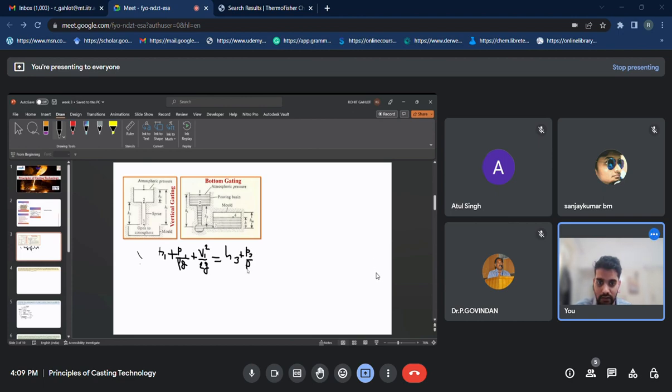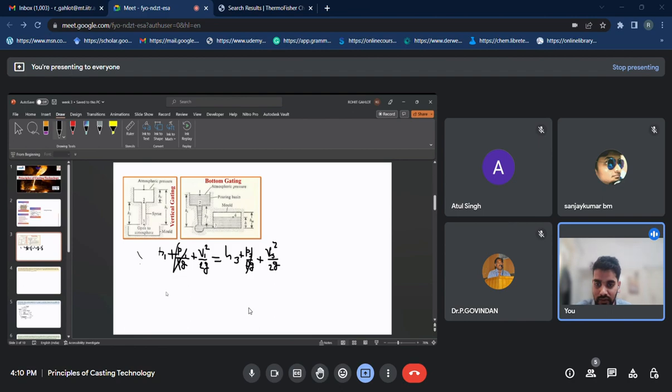Then equating it to point 3, I'm writing h3 plus p3 by rho g plus v3 square by 2g.